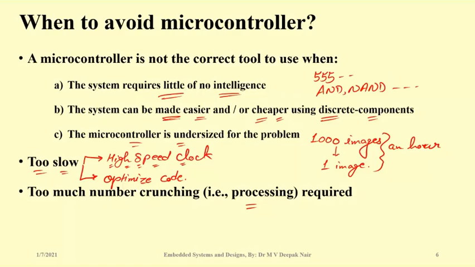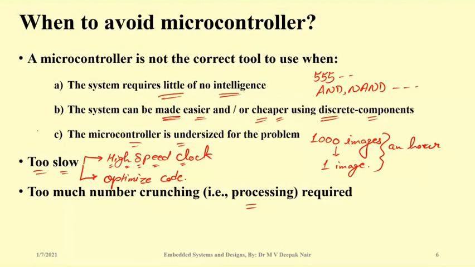These two techniques you can generally use to increase the speed of the microcontroller. But you cannot go beyond a particular speed, because every microcontroller has its own peak clock speed, which is mentioned in the data sheet. We'll come to that also.